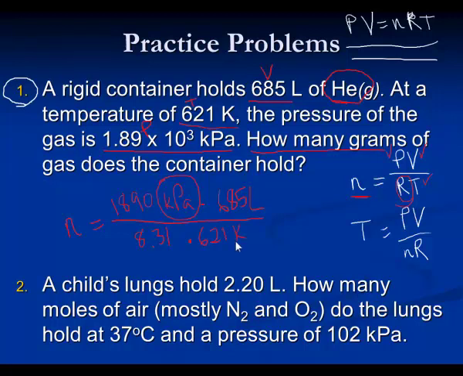And we plug those numbers into our calculator and go, remembering that when you hit that divide button, you also use the parentheses so that you keep your order of operations straight and get the correct answer. I'm not going to plug those numbers in, but we're going to find out moles when we do that calculation, and then we're going to use that mole value to calculate the grams of helium.